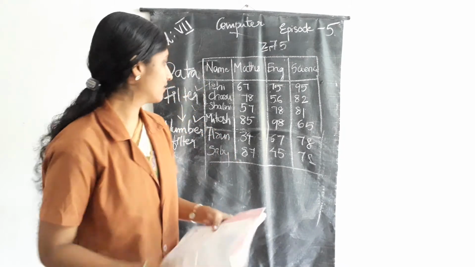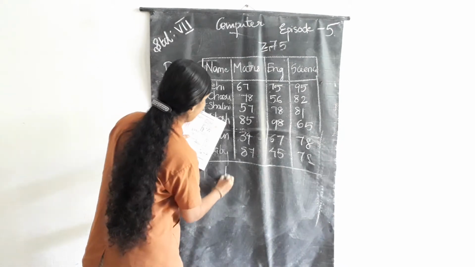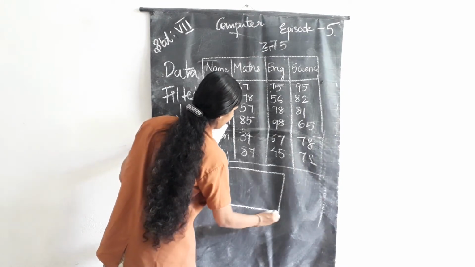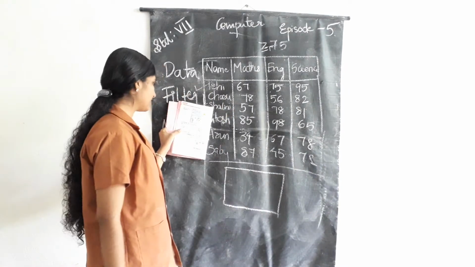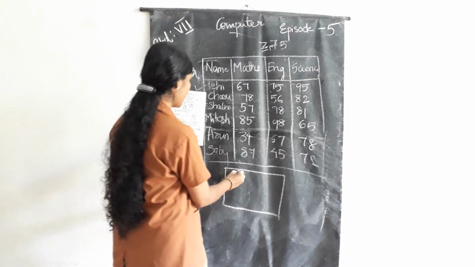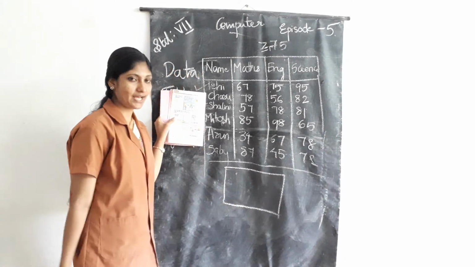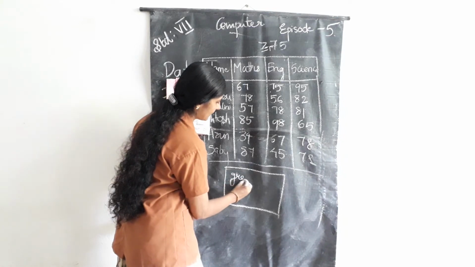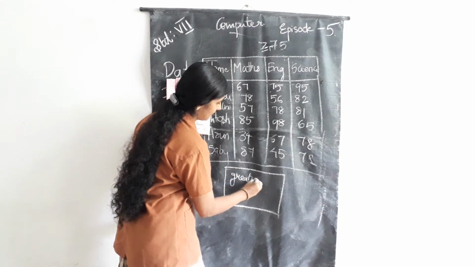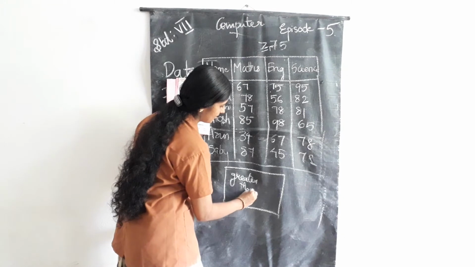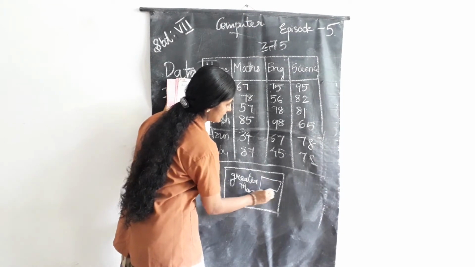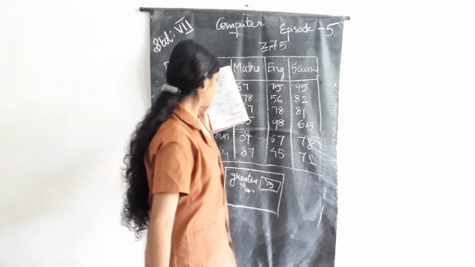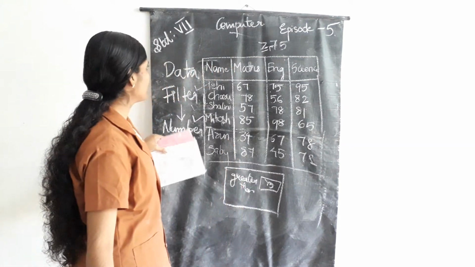This is the window when we click the Number Filter. There is a column for entering the value. So here select greater than, and there is a box here. You can enter 75 or more than 75.